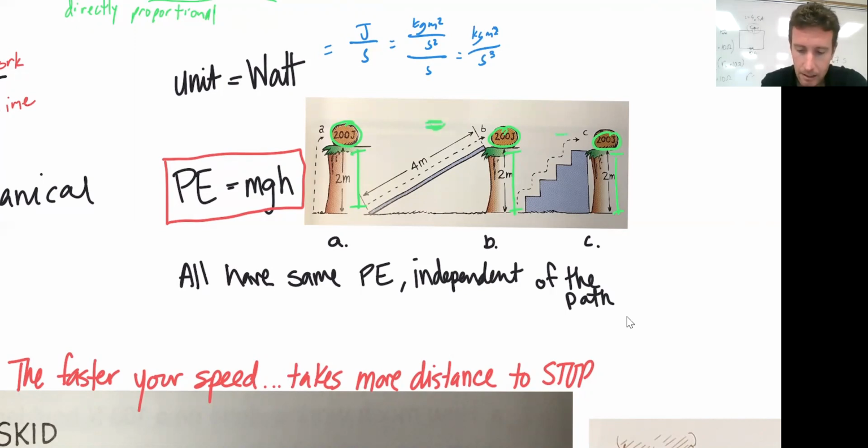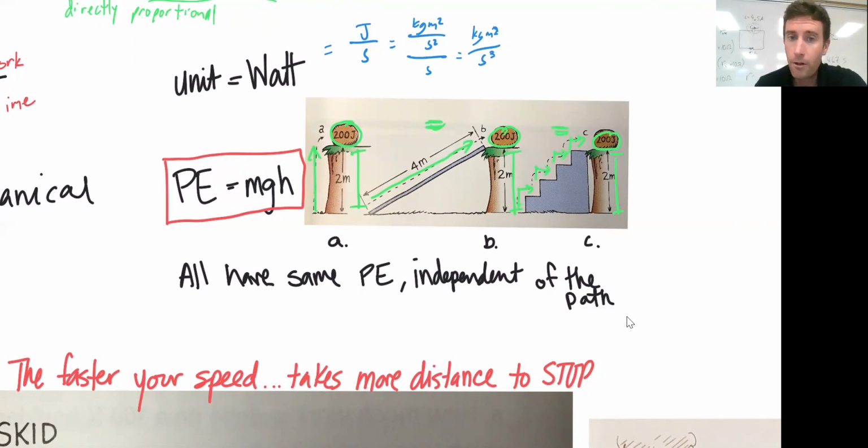It doesn't matter which pathway I take, whether I go straight up, or whether I go up on a ramp, or whether I go up in little steps. Each one has the same end result.